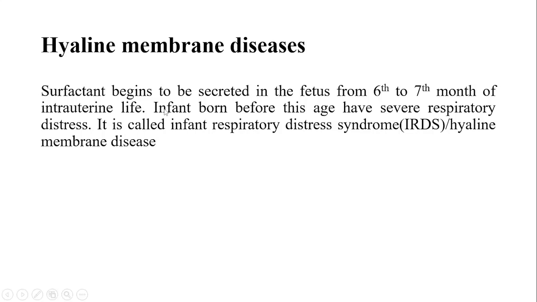So if an infant is born before this age, there is insufficiency of surfactant in the lung. The surface tension of the fluid lining the alveolus will be so much increased that it will collapse the lung, and this is called infant respiratory distress syndrome or hyaline membrane disease.